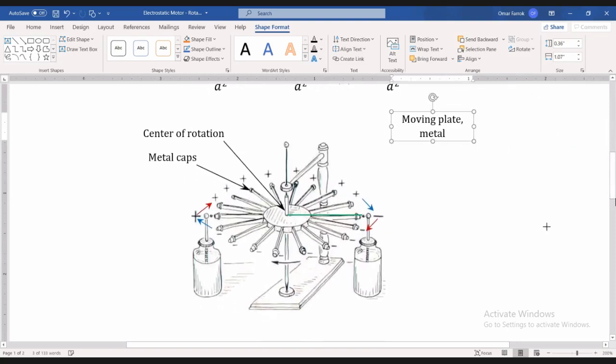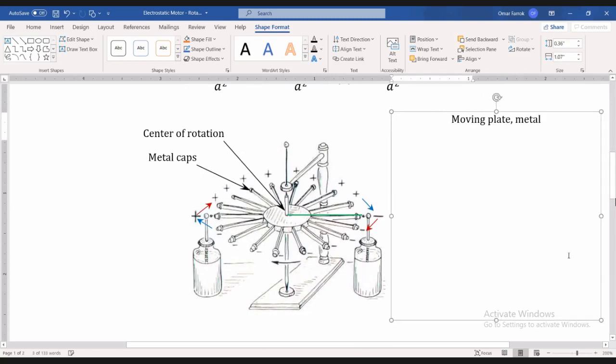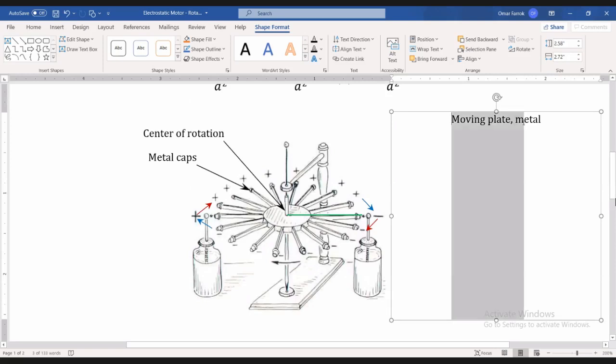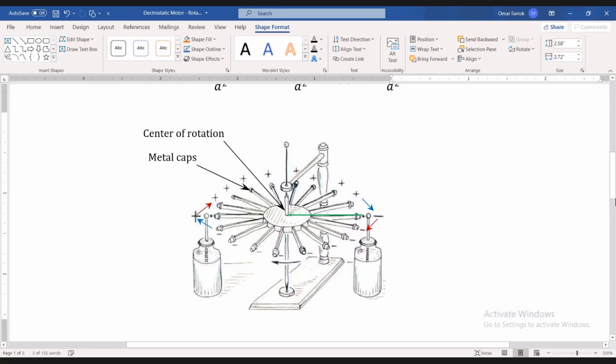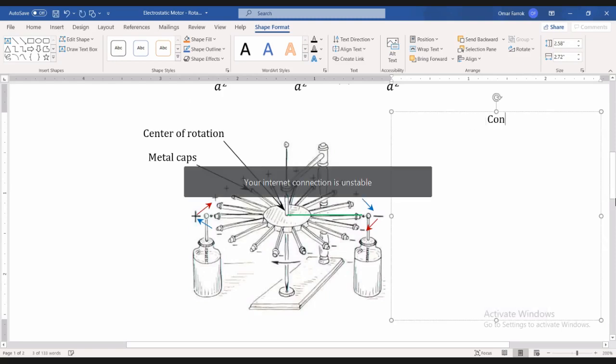We would like to start the construction of a rotational type electrostatic motor. So construct the electrostatic motor.